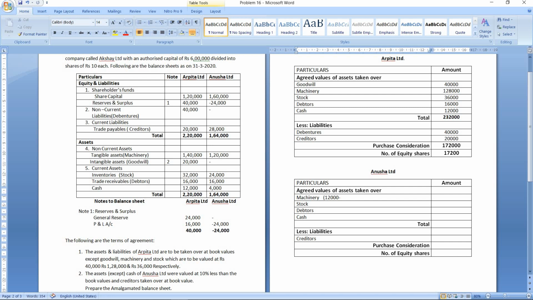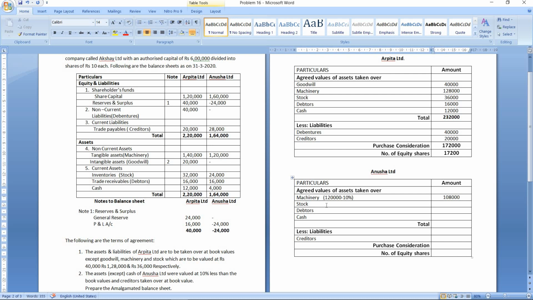From that you have to minus 10%, that is 12,000. So the balance you will show in the outer column, which is 1,08,000.